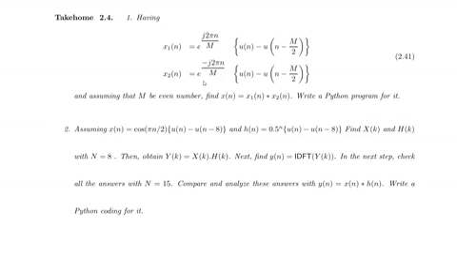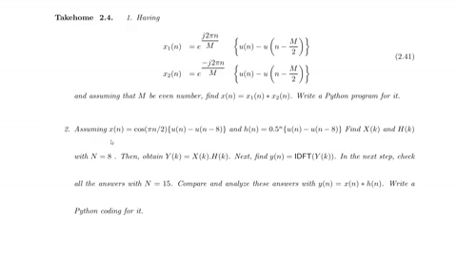So it's a time windowed version of this signal, which is an exponential. And assuming that M be an even number, find x of n being equal to x1 of n convolved with x2 of n. Write a Python program for it.